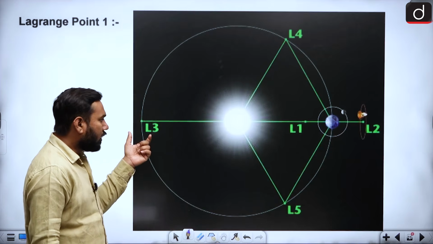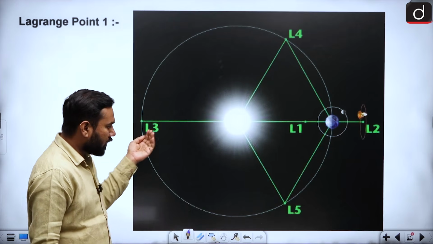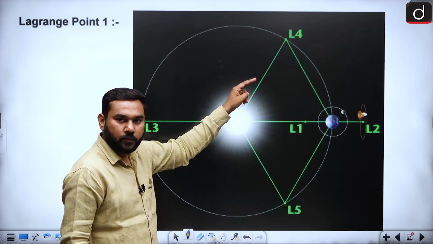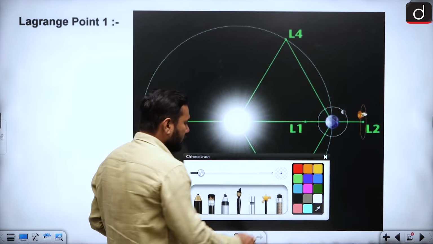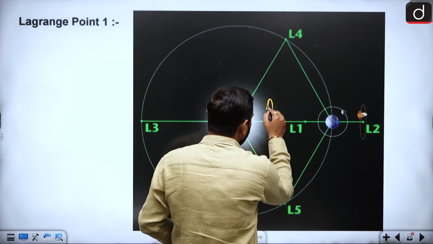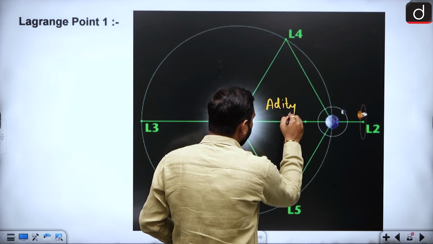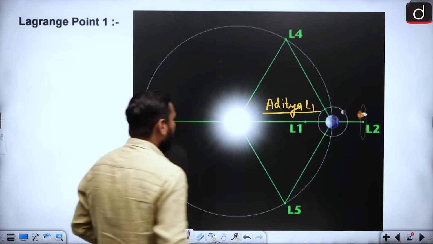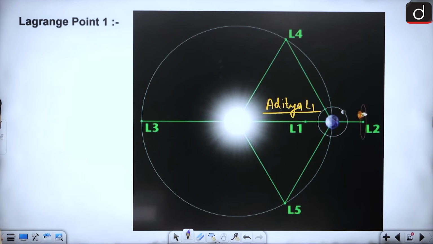In the same way, L3 is behind the sun, but L4 and L5 are in other directions. Now we are placing the satellite at this place. So this is Aditya L1. Clear? So these are known as your Lagrange points.